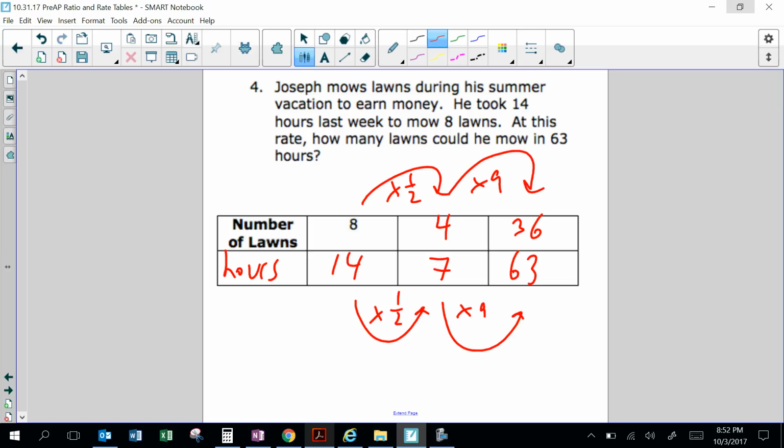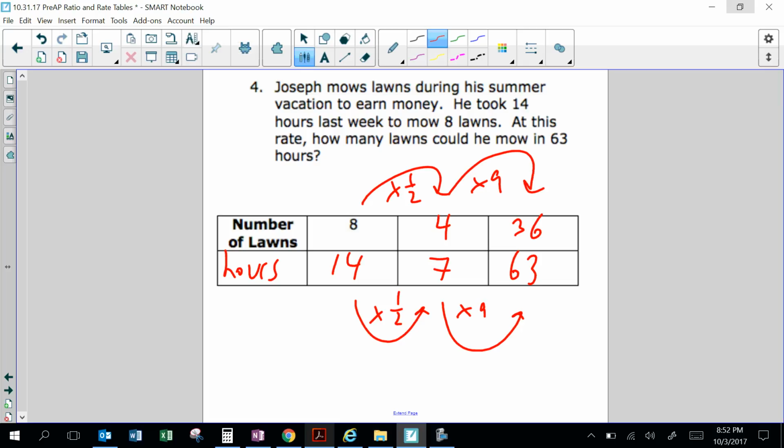That's his rate. So every 7 hours, he does 4 lawns. 14 would be 8. 21 would be 12. 28 hours would be 16. 35 would be 20.